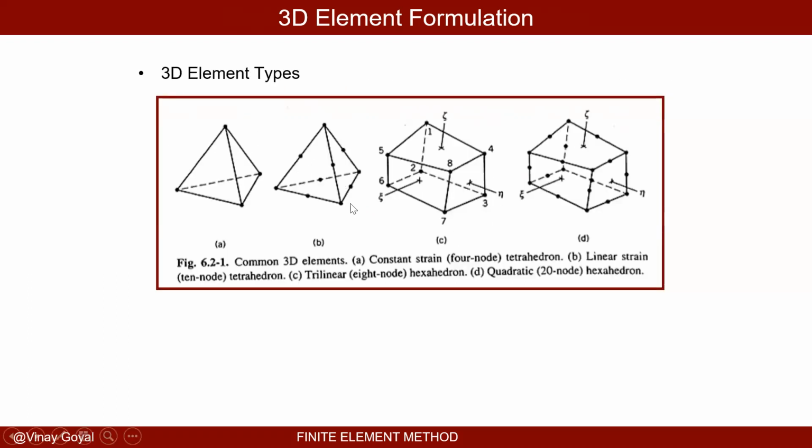These are tetrahedrons, a second order tetrahedron element, a first order hexahedral element, and a second order hexahedron element. Now, these are 20 noded elements. That's 8 nodes. This is less. This is 10 nodes. And then this is 4 nodes.